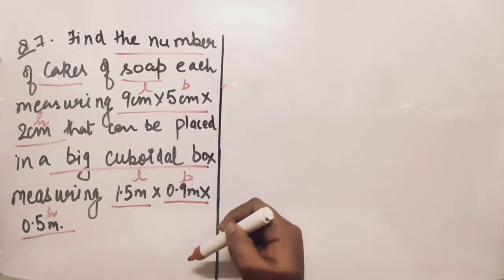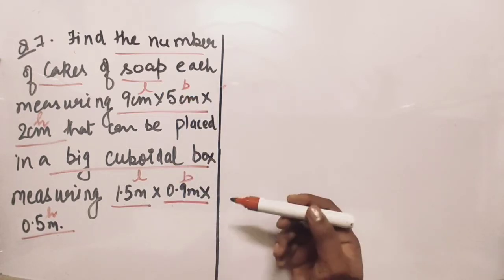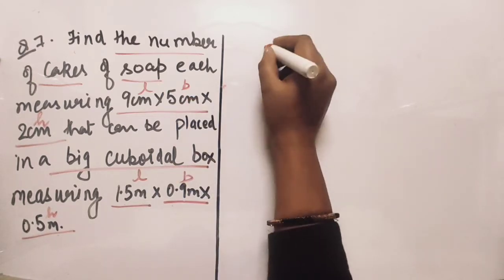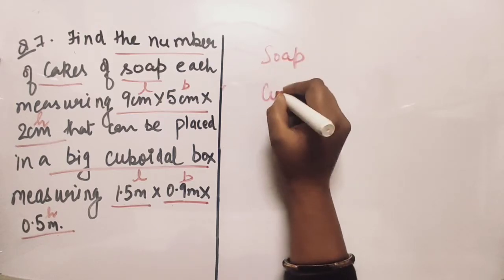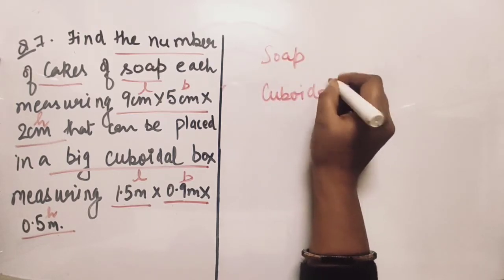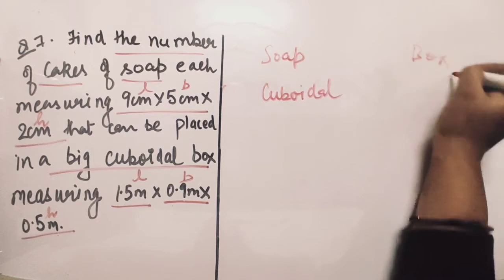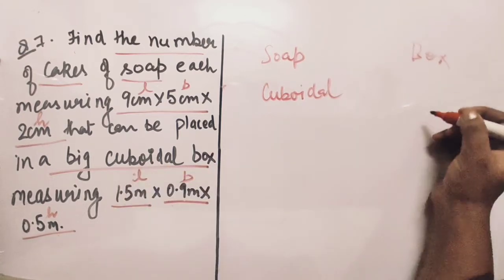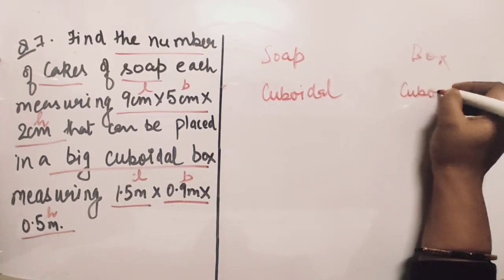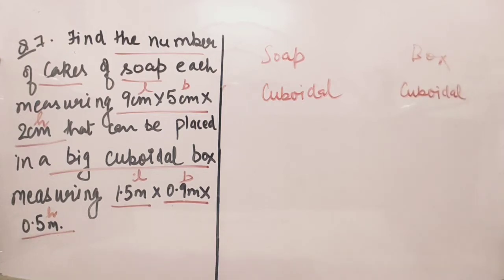By looking into the measurements, we can clearly have an idea that soap is also of a cuboidal shape, right? And the box is also of a cuboidal shape. Now the question is to find the number of soaps that can be fit into the box.